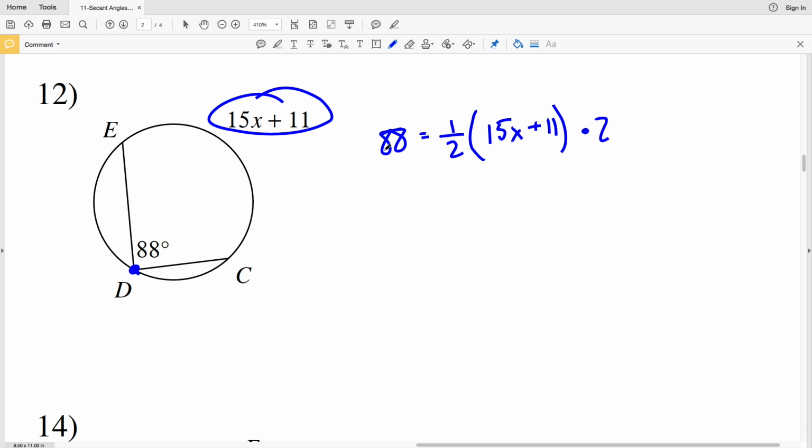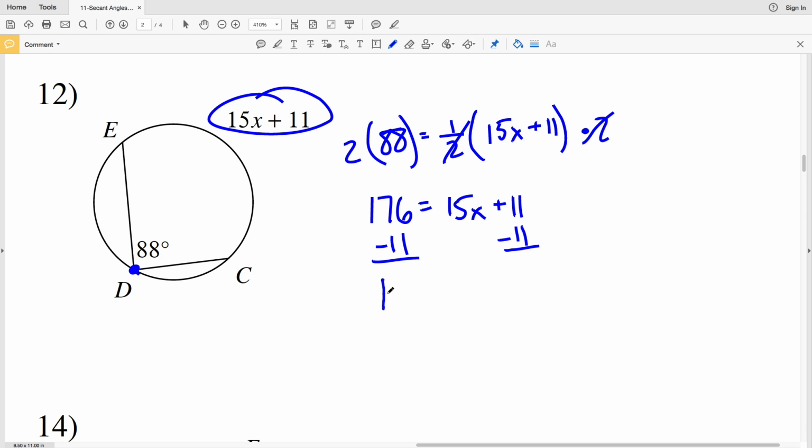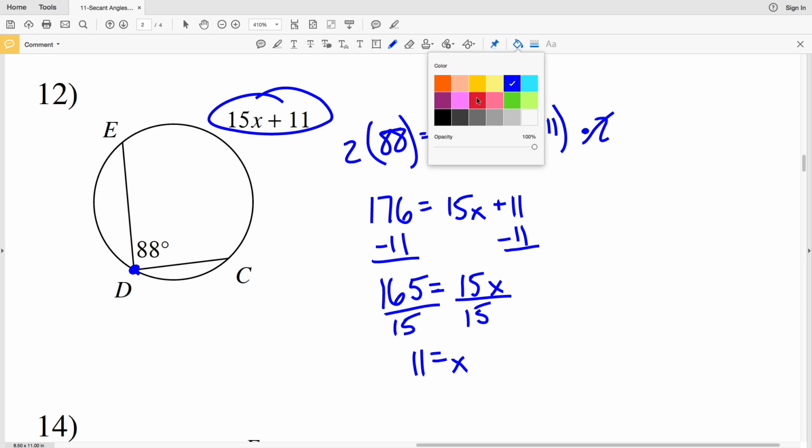So multiplying both sides by 2, 88 times 2 is 176, and that's going to be equal to 15x plus 11. I'll subtract 11 from both sides to get 165 equal to 15x. When I divide by 15, 165 divided by 15 is 11. So 11 is equal to x in number 12.